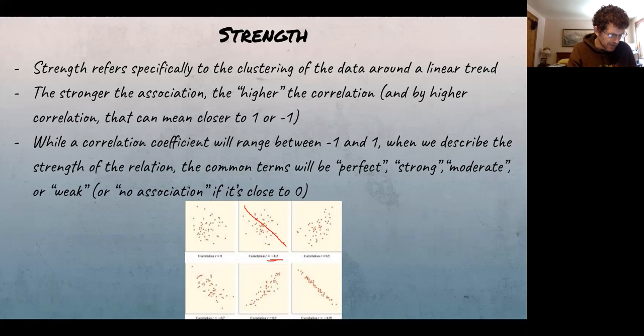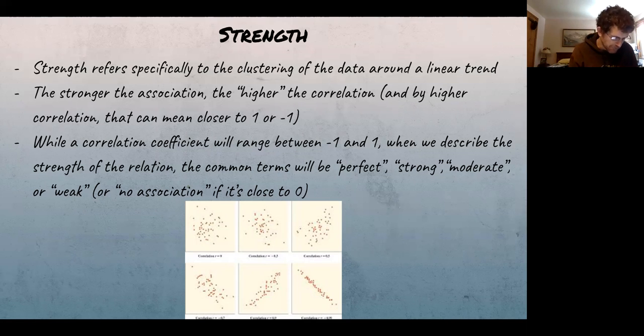So this could be a -0.3 that has a slope like this, or it could be like this. The slope we will determine differently. For right now, the important thing is that it's negative, but there's not much of a relationship there. So it's not very strong. We call this incredibly weak, almost no relationship at all.